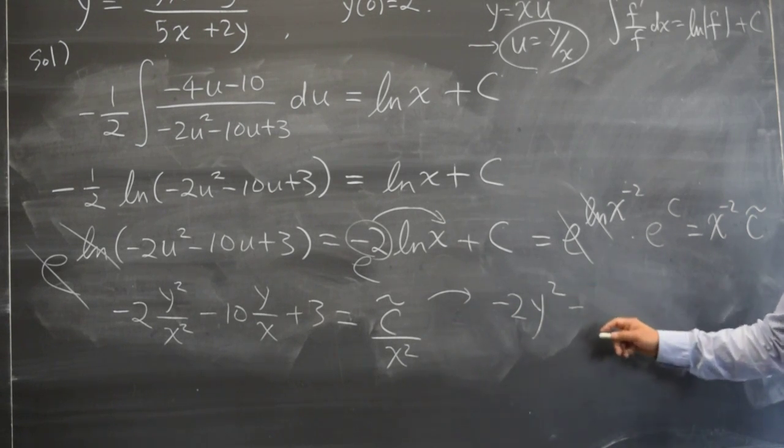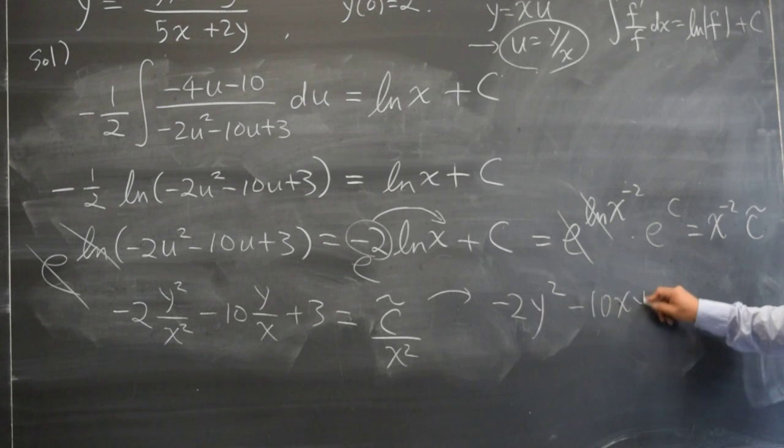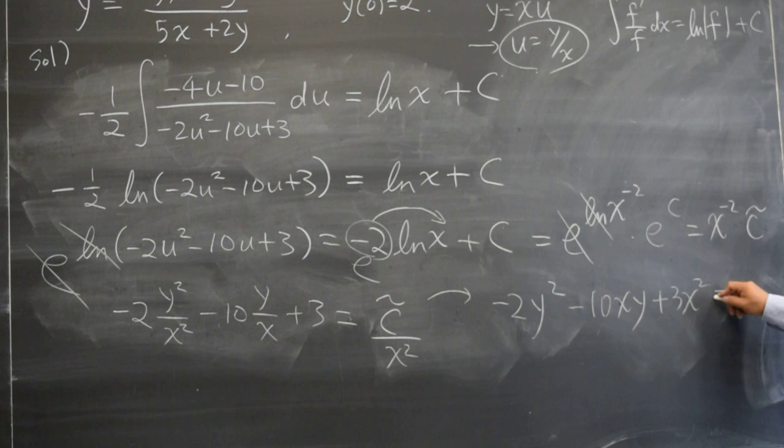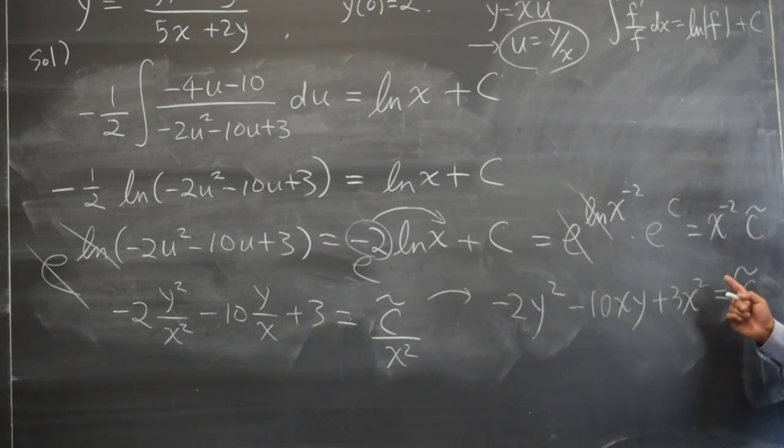So negative 2y squared, and then negative 10xy plus 3x squared equal to c tilde. So that's what you get for y. At this point, I guess you can use the quadratic formula to solve this for y, but it's just messy. So just leave it like that.